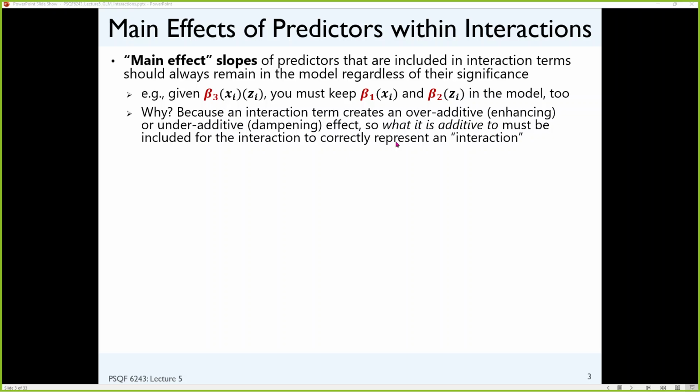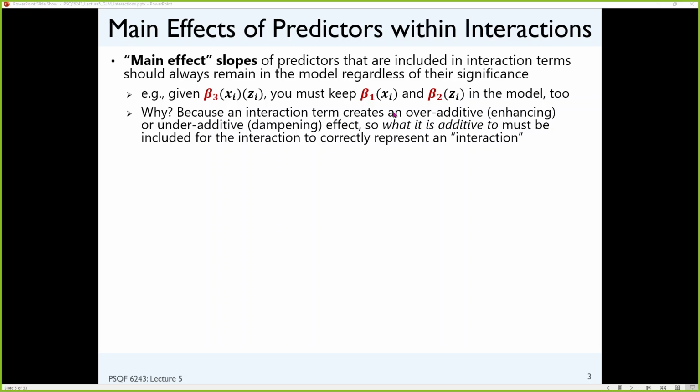Interaction is when they're together. The rules are, if you have an interaction term in your model, then you have to keep the main effects with it. Otherwise, it doesn't have the right interpretation. So even if the main effect of x is non-significant, if you want to keep the x by z interaction in, it stays. It's the same premise as when you have a quadratic slope, you have to keep the linear slope with it. So if you have x squared, you need to have x underneath it, or x squared doesn't have the right interpretation.